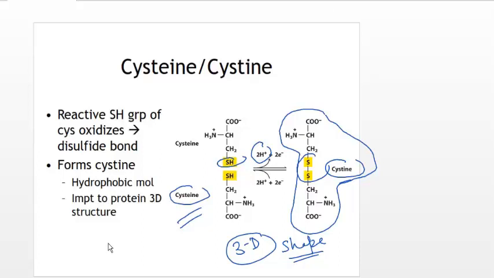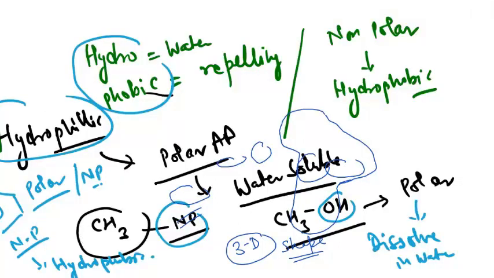Do you know about the antibody structure? Have you heard about the antibody structure? Antibody, you know? Yes, so disulfide bonds are between the heavy chains. So you can see the three-dimensional structure of this antibody.